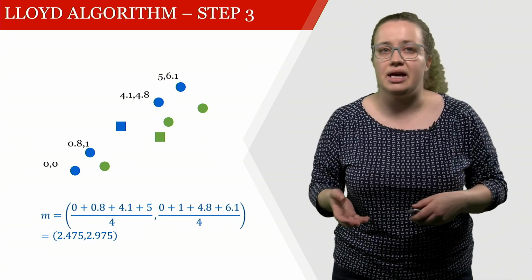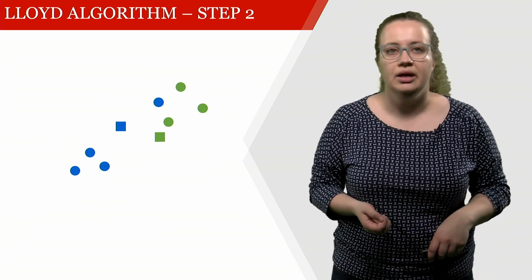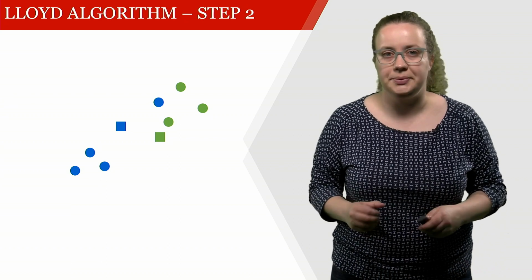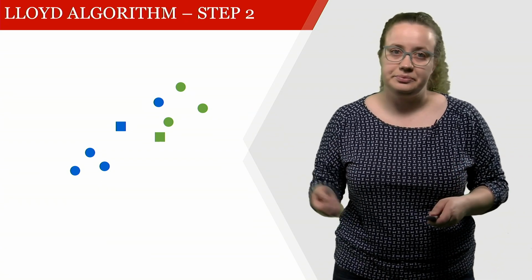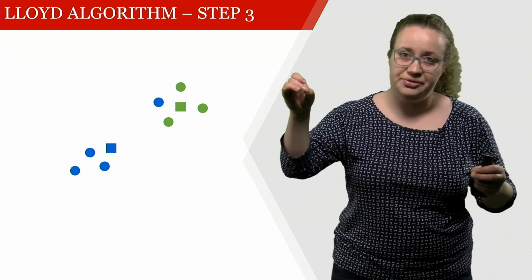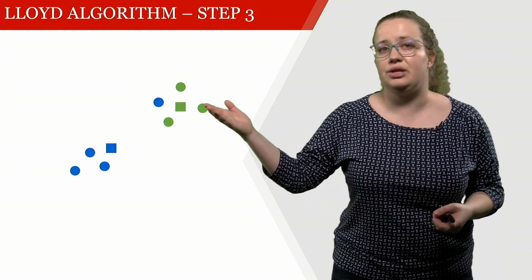Now we assign all nodes to their closest cluster center, which gives us this setup. Quite a few of the nodes actually change their color. The next step is shifting those cluster centers again by calculating the average. For the green one, that already looks quite good.